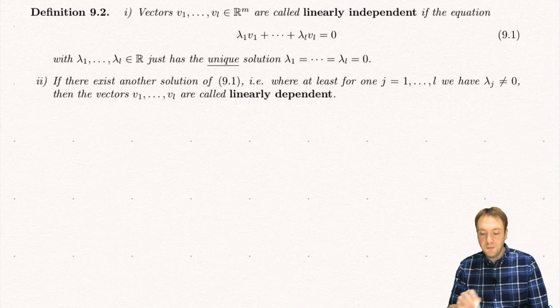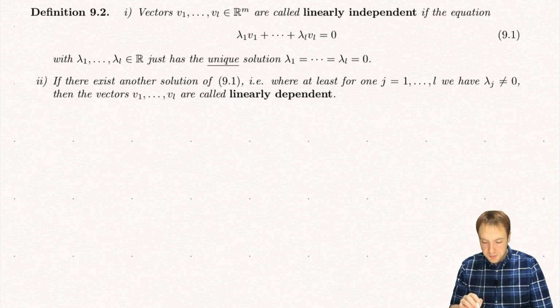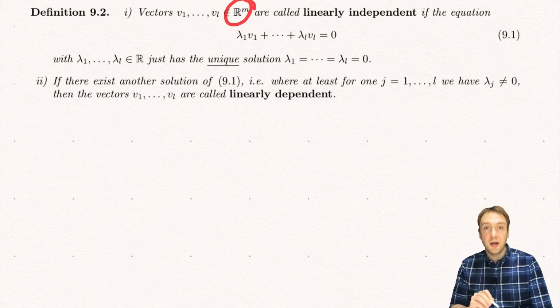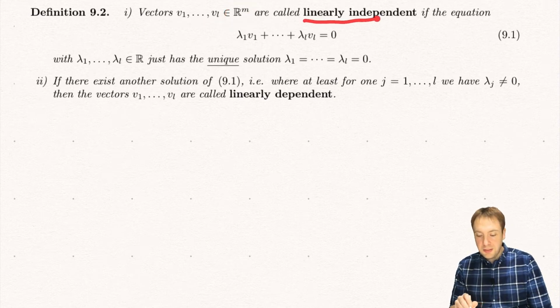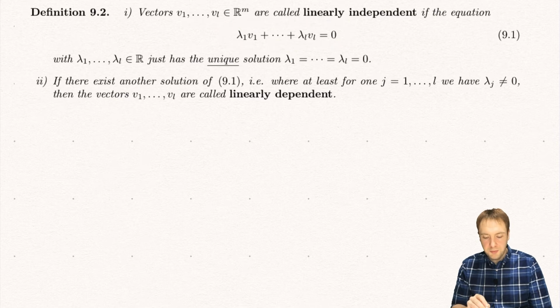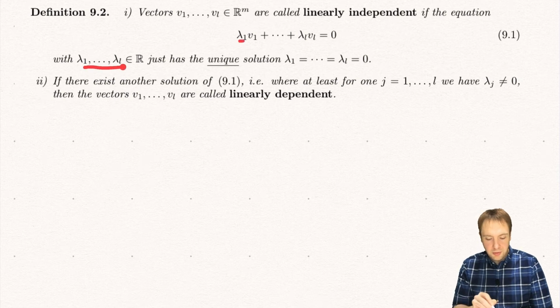So first we will define the notion of linearly independent. If I have vectors v1 up to vl in Rm, then they are called linearly independent if this equation here, this linear combination of these vectors, lambda 1 times v1 up to lambda l times vl equals 0, just has one solution. So these lambdas are again real numbers.